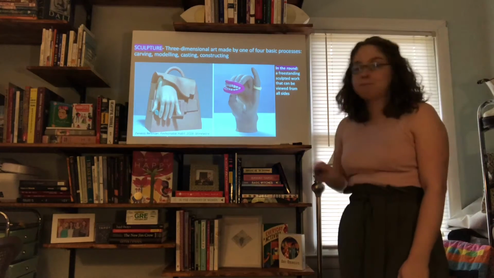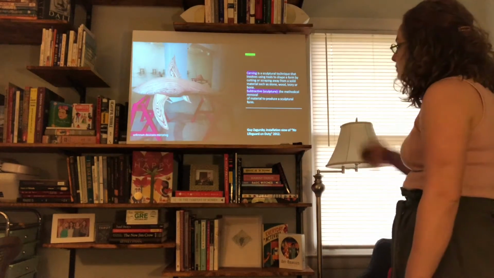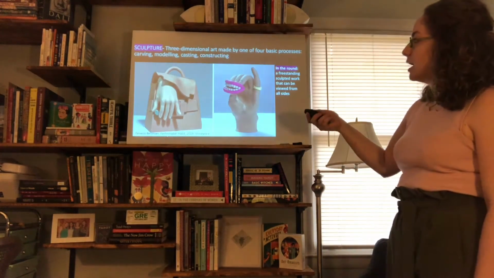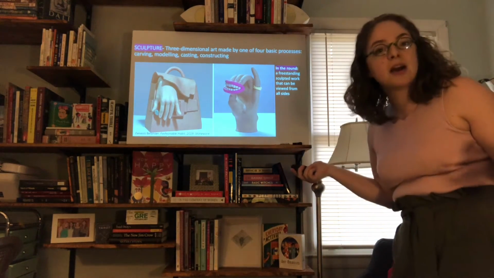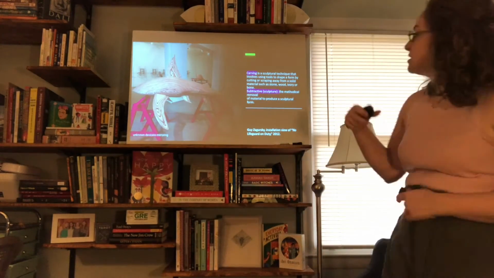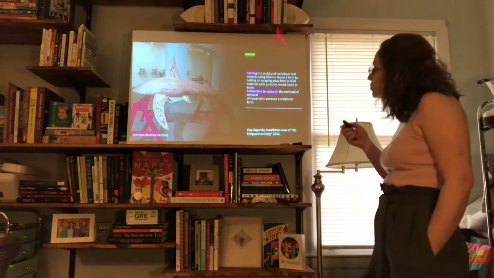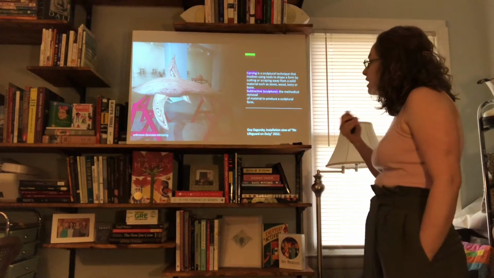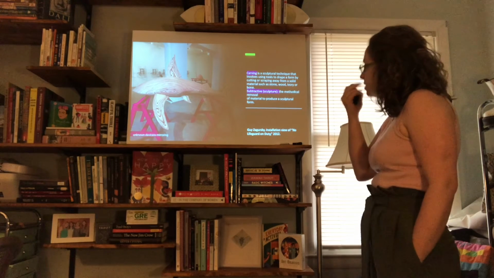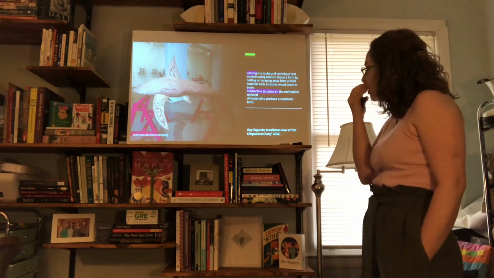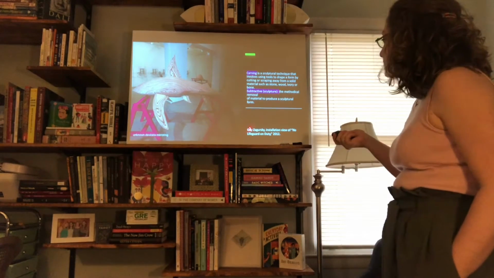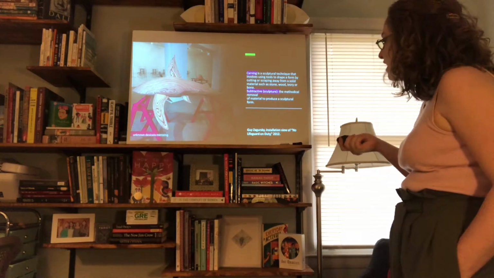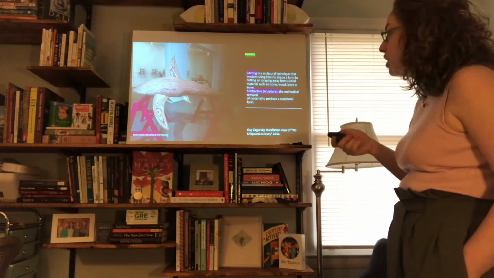So as it says right here, one of the four basic processes is carving. Carving is a sculptural technique that involves using tools to shape a form by cutting or scraping away from a solid material such as stone, wood, ivory, or bone. Here we have an installation called No Lifeguard on Duty, by the artist Guy Zargursky.